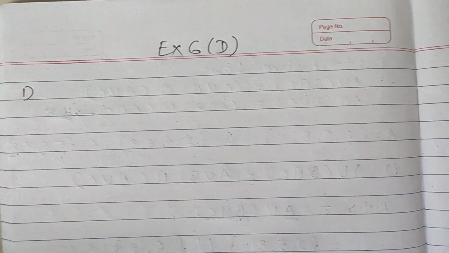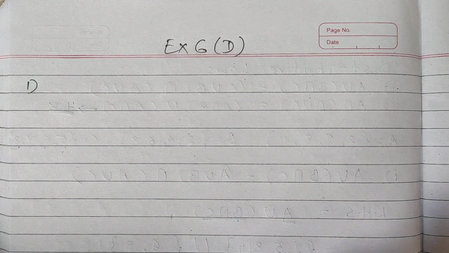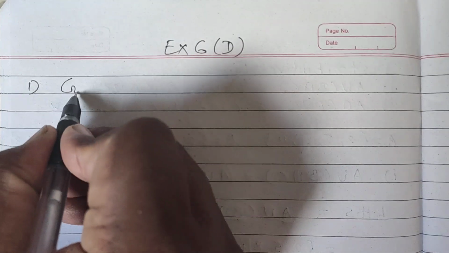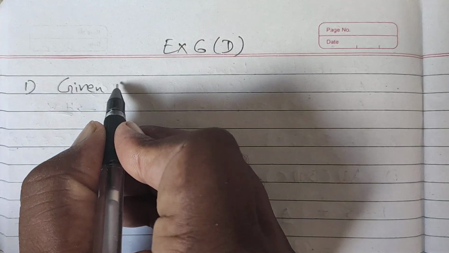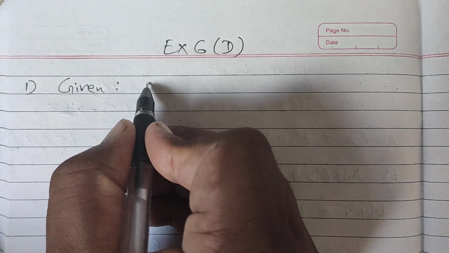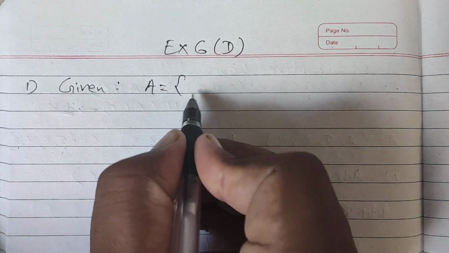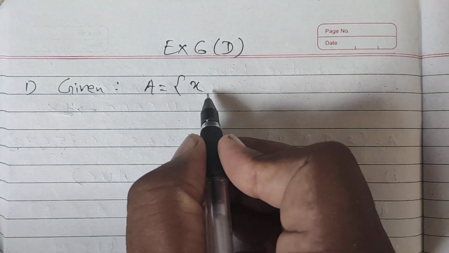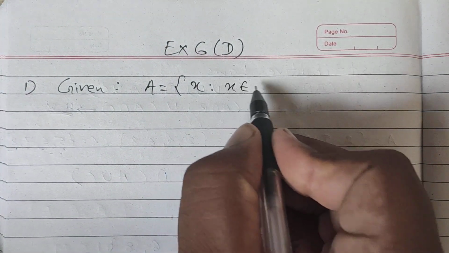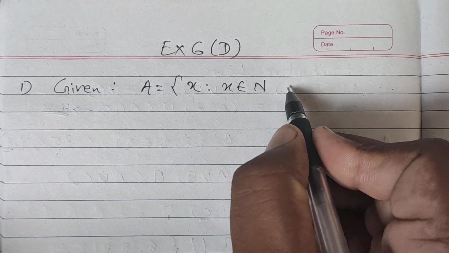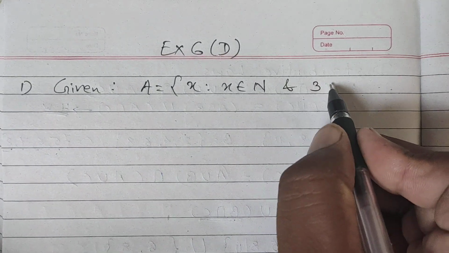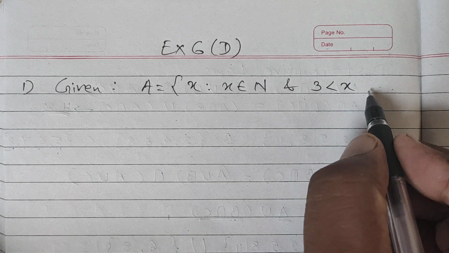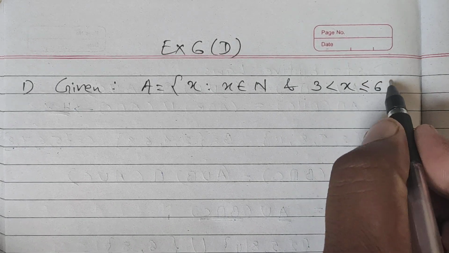Okay, question number 1. It is given that set A is X such that X belongs to the natural numbers and X is greater than 3, less than or equal to 6.